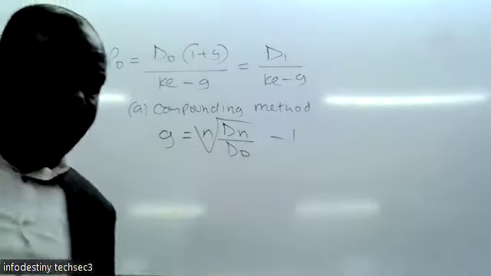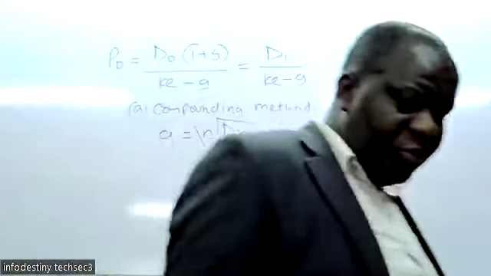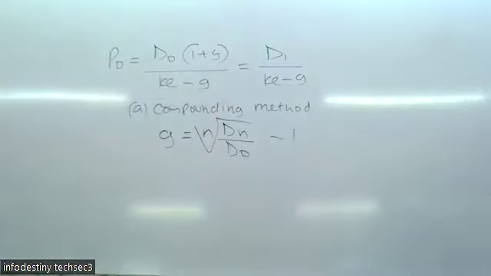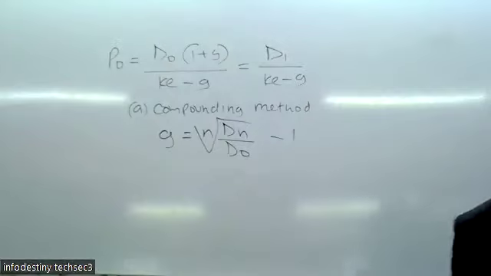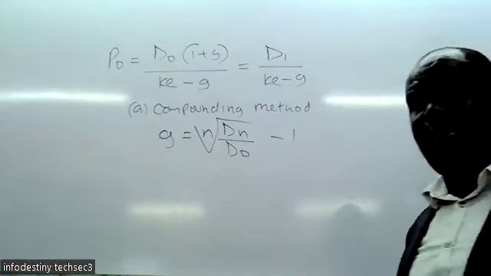The method number 2, or B, will be the retention ratio method.